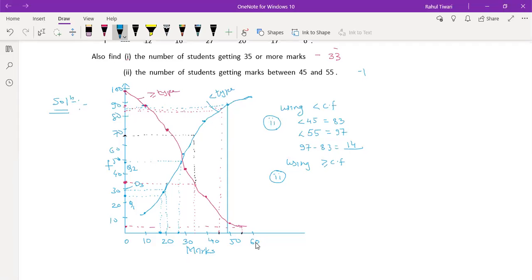So greater than 45, what could be the answer? And greater than or equal to 60, what could be the answer? Last time we were getting it. Just draw it and let me know these two values, because that is important.